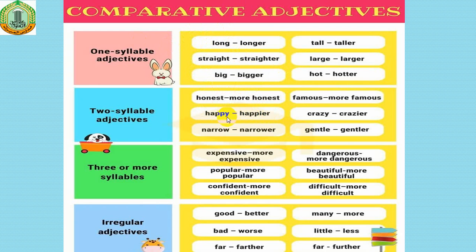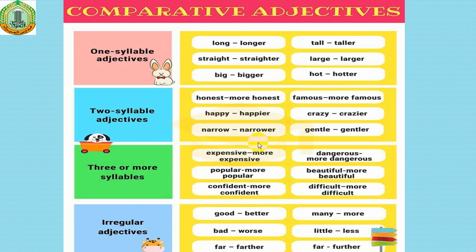We dropped the Y here because it is preceded by a consonant. Narrow, narrower. Famous, I can't say famouser, so I say more famous. Crazy, crazier. Again, we drop the Y since it is preceded by a consonant. Gentle, gentler.